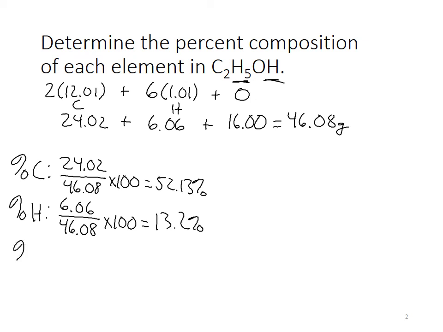But when we look at oxygen, since oxygen to 2 decimal places is 16.00 grams, and this is 46.08, when I calculate this percent, I can still use 4 significant figures, and that would be 34.72%. So here we have calculated the percent by mass of each element in ethanol.